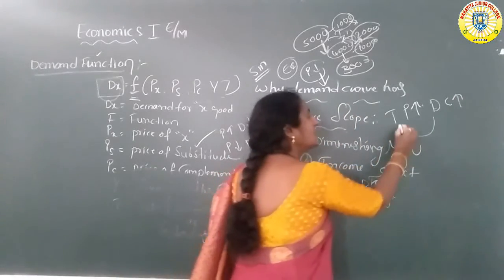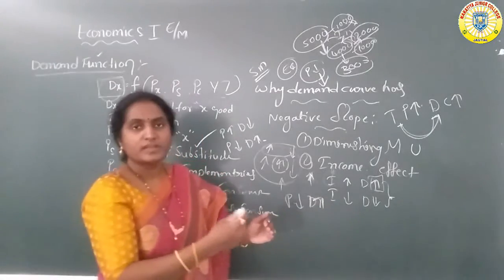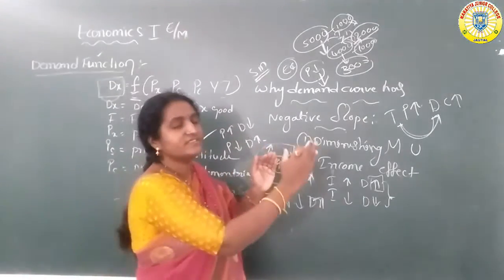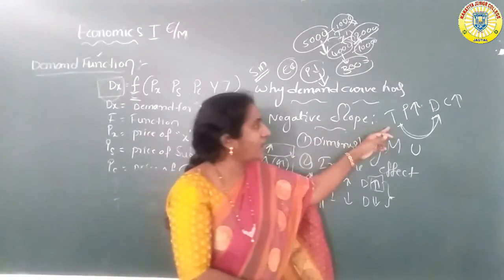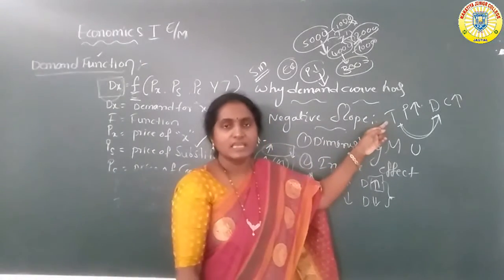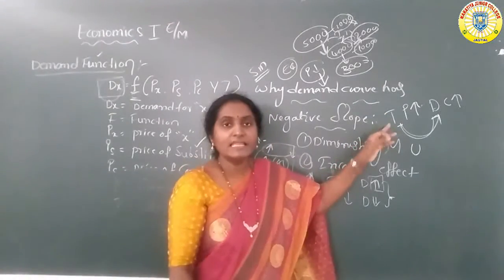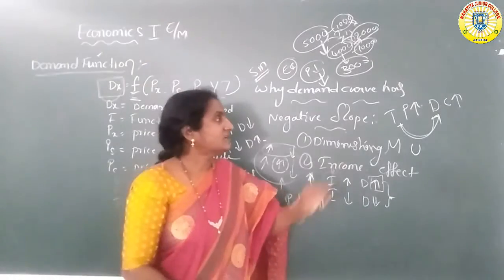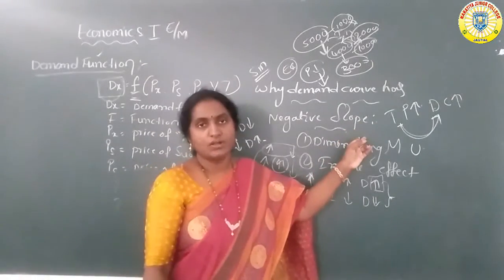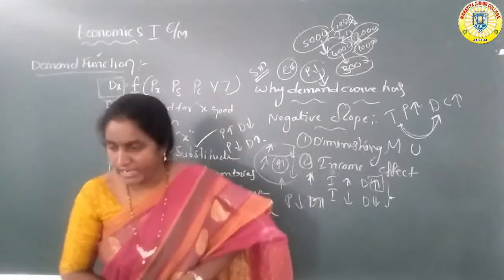This means the consumer substitutes one for another, because these two goods give the same satisfaction to the consumer. When the price level of Thums Up increases in the market, purchases of Thums Up decline in the market. So the substitution effect is also one of the reasons for the negative slope of the demand curve.